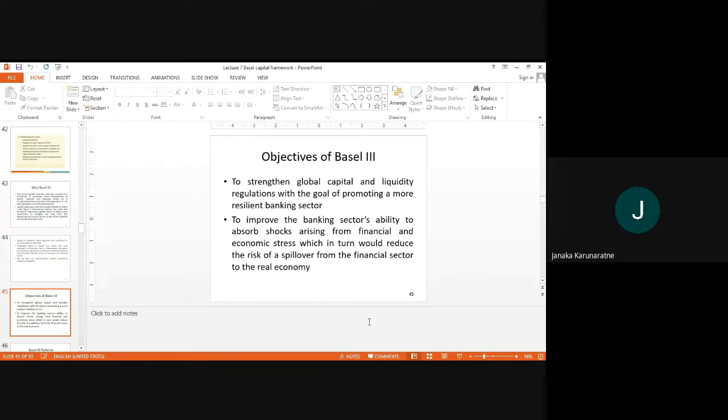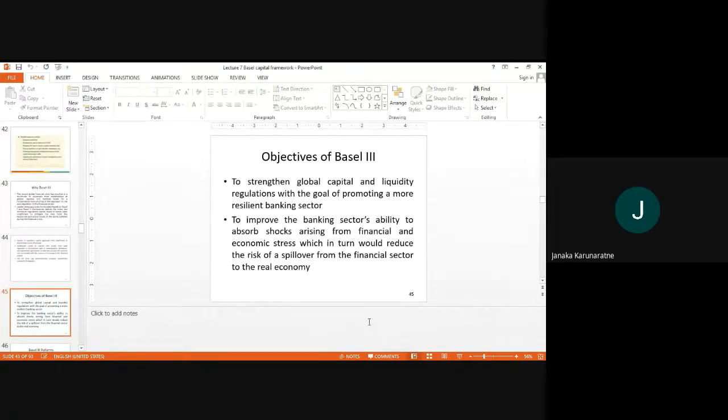So if you look at the objectives of Basel III, it is to strengthen global capital and liquidity regulations with the goal of promoting a more resilient banking sector. The liquidity part we already discussed, but we will see what capital improvements Basel III suggested. Another objective is to improve the banking sector's ability to absorb shocks arising from financial and economic stress, which in turn would reduce the risk of spillover from the financial sector to the real economy.